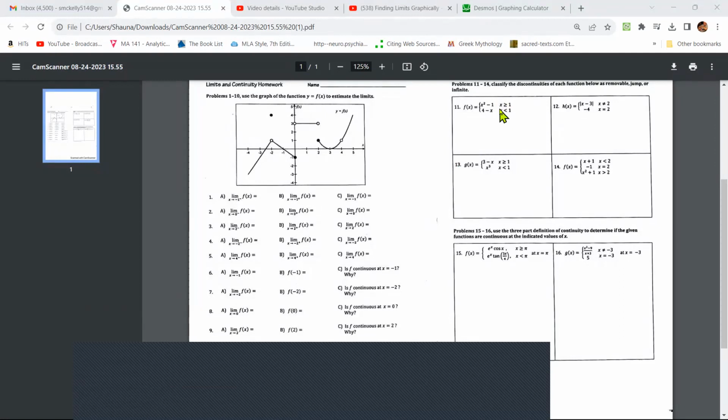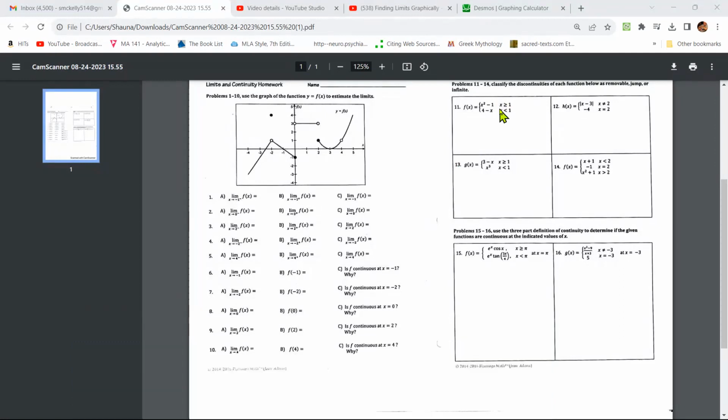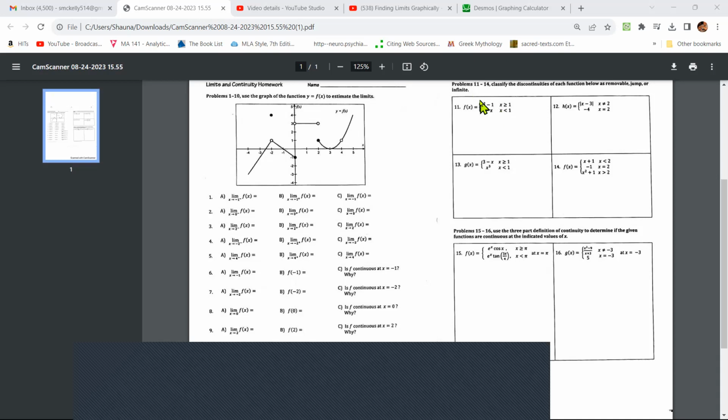Those are the places where your potential discontinuities occur, okay? So at 1, we don't have an asymptote here. If I know enough about the graphs, and if I really think hard, I can figure out that there shouldn't be an infinite discontinuity here, because I would need an asymptote for that.